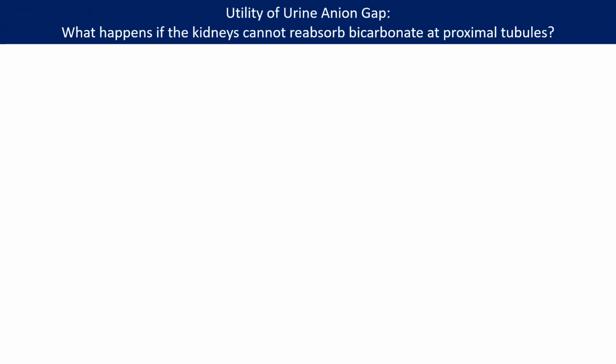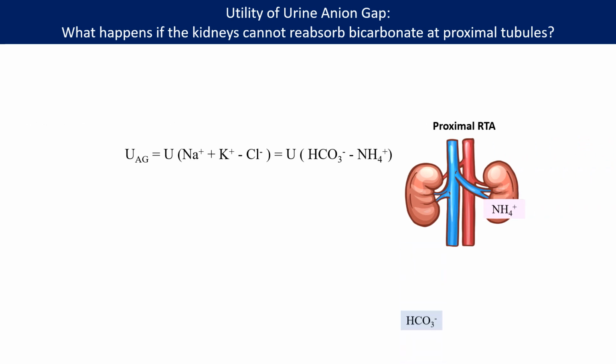What happens to the urine anion gap if the kidneys cannot reabsorb bicarbonate at the proximal tubules? Here is the urine anion gap. Urine bicarbonate will be increased when the kidneys cannot reabsorb bicarbonate. Protons are still secreted and excreted as ammonium, but at a lower rate than that of bicarbonate loss.